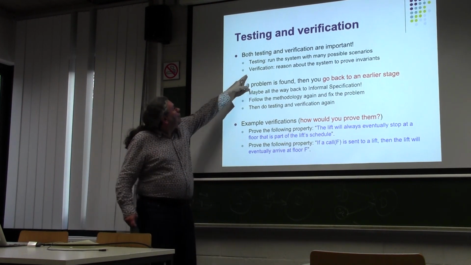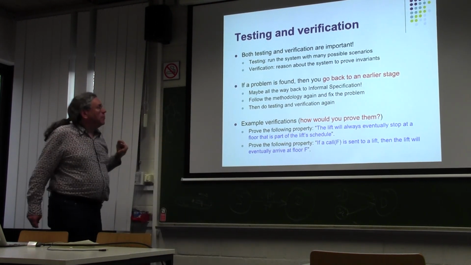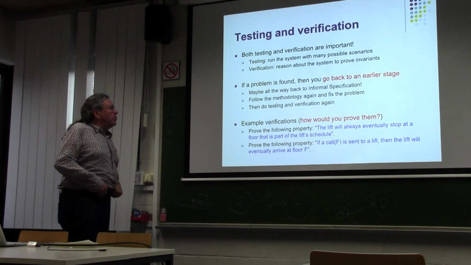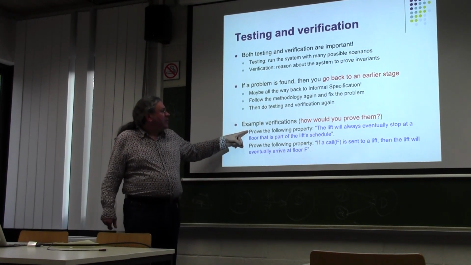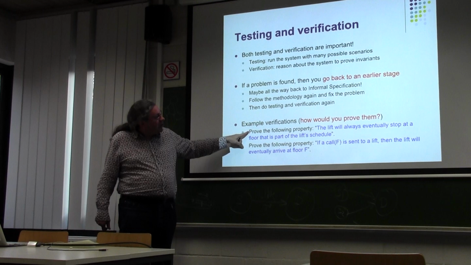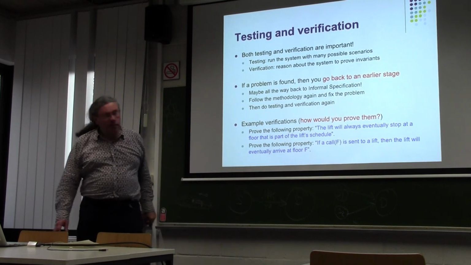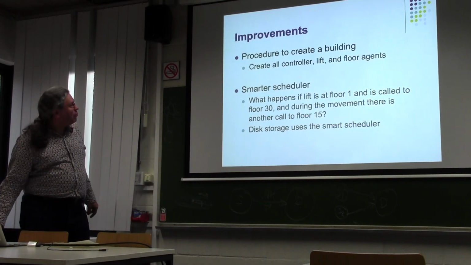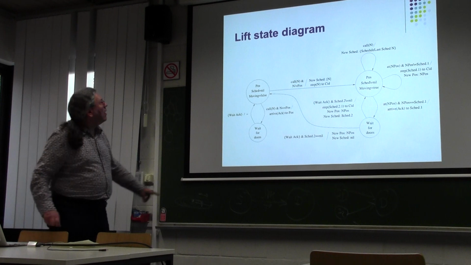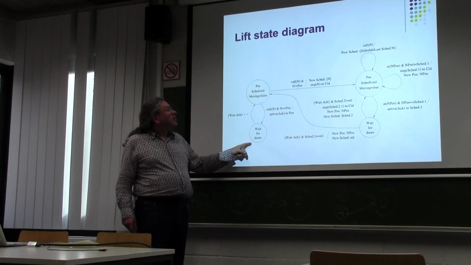And you can also verify, reason about the system. For example, the lift will always eventually stop at a floor that is part of the lift's schedule. How can we prove that? We can prove that by reasoning on the state diagram.